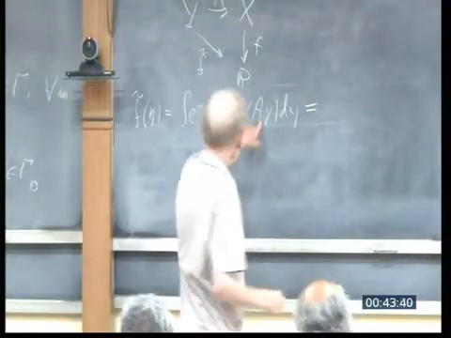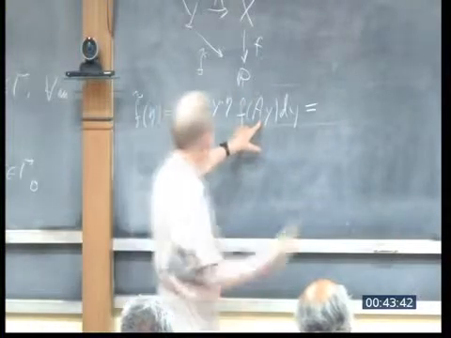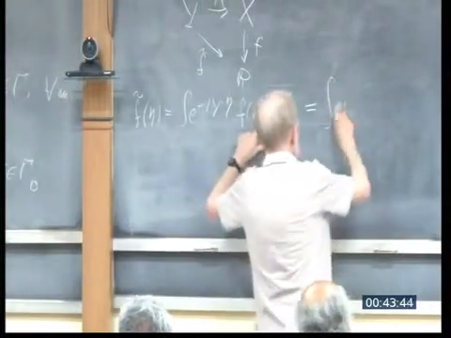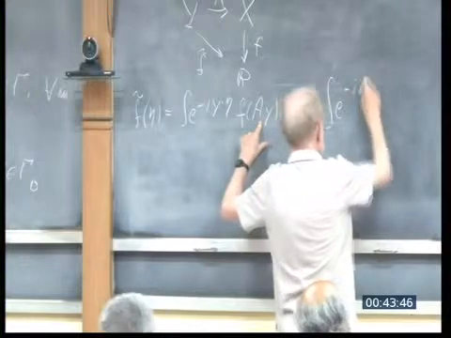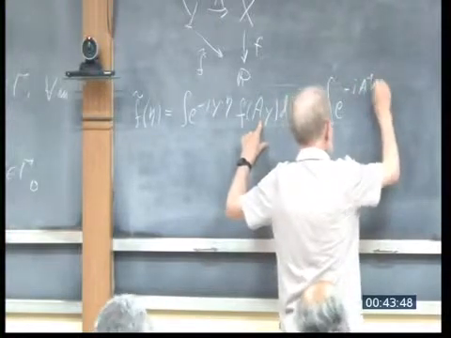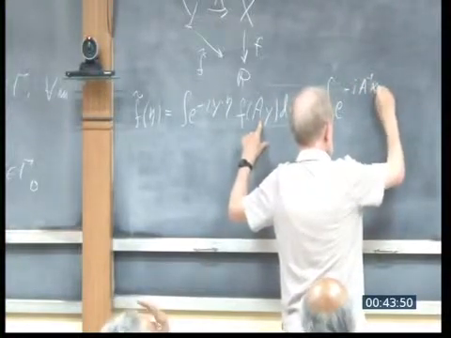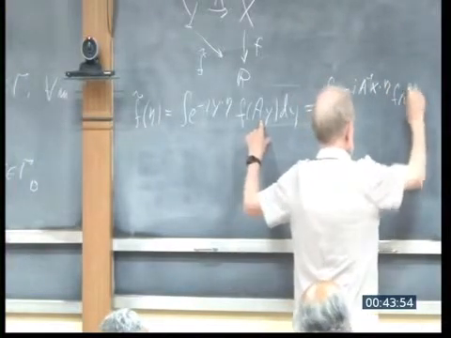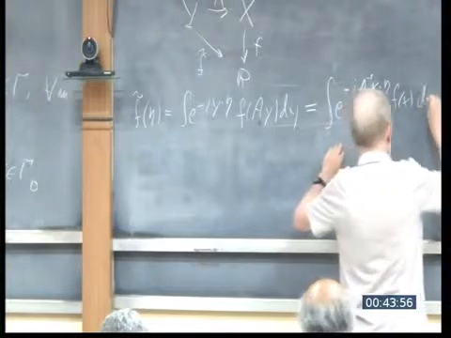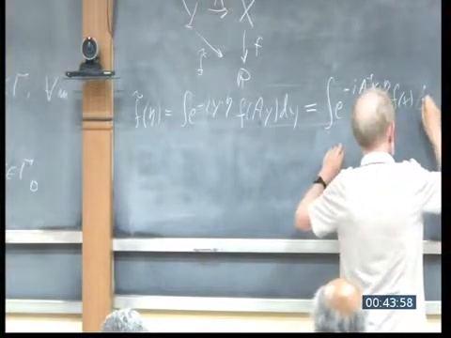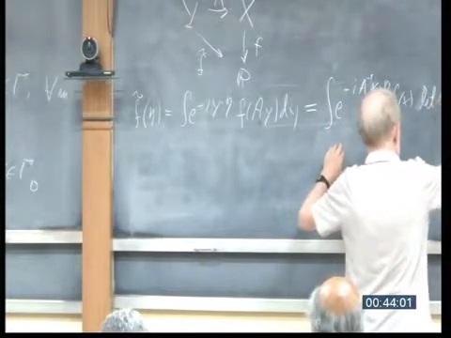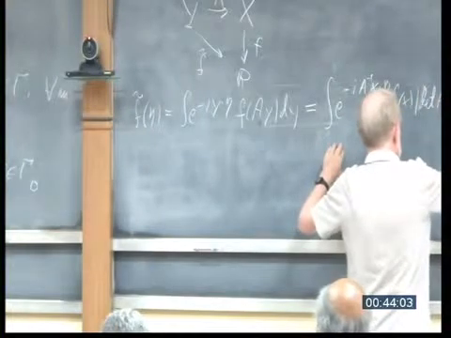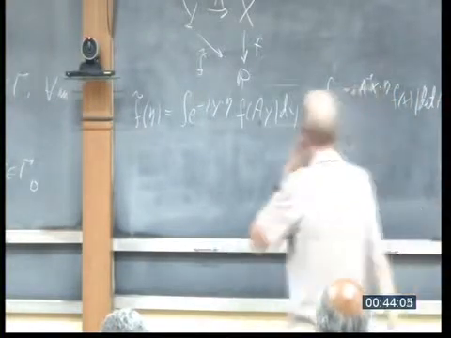Then I want to bring in x, so I get e to the minus i A^{-1}x·η f(x) dx, but there is a constant which makes no difference at all.